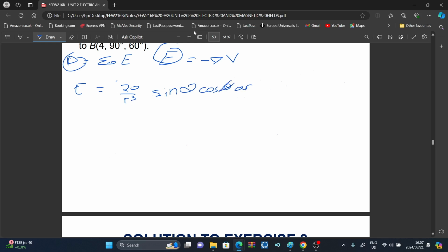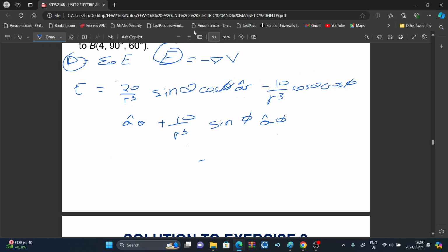You can simplify more. Now that one is phi, just remember that. Then our unit vector for AR, minus 10 over R cubed, then we have cos theta cos phi, then we have our A theta, plus 10 over R cubed, which is going to be sine phi A phi. So that will be your E.